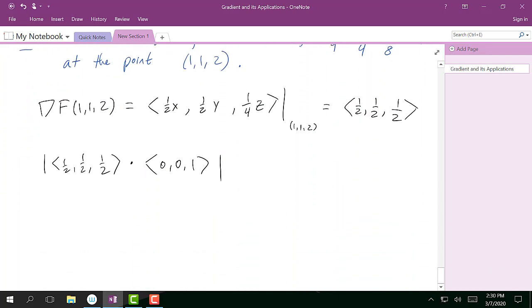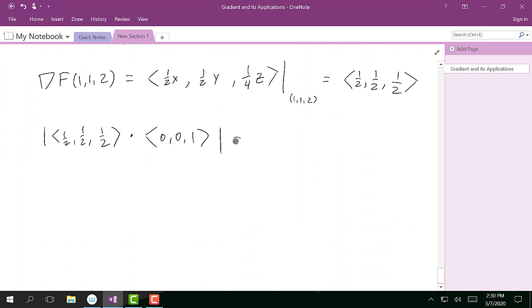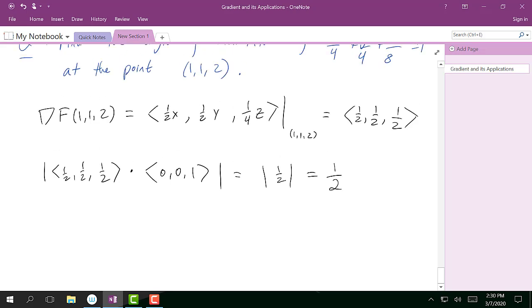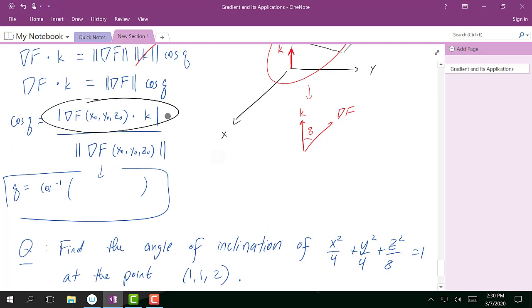This dot product extracts the last component, so we get the absolute value of a half, which is a half. The last thing we need to compute is the magnitude of the gradient, and then we'll be done.